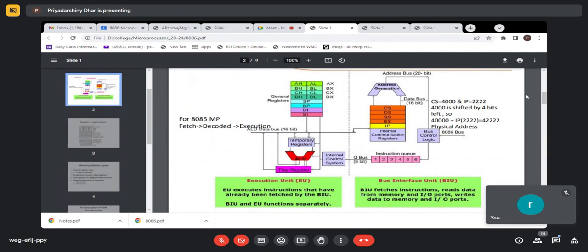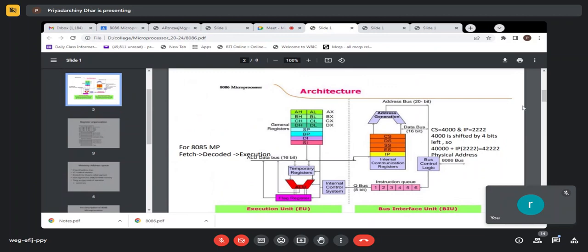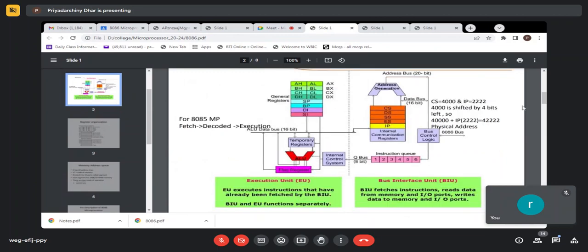Now next is our architecture. Architecture of the 8086 microprocessor. Now the architecture is divided into two parts. One is our bus interface unit, we can say this is BIU, and another is our execution unit, that is our EU.